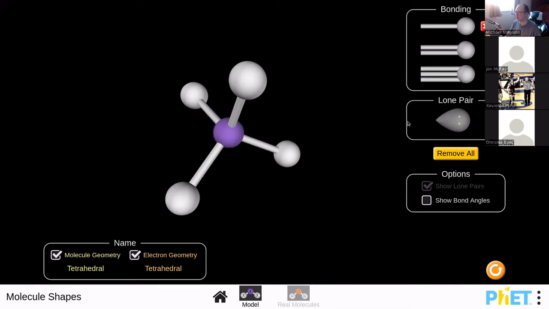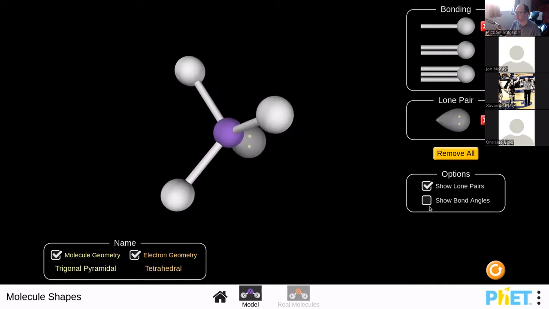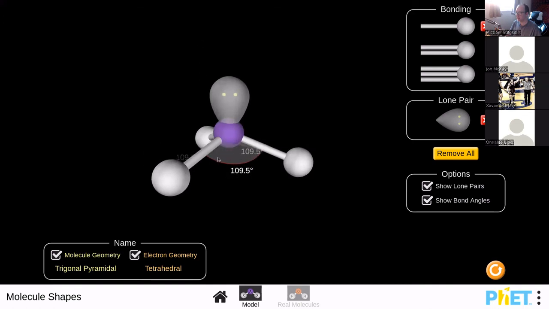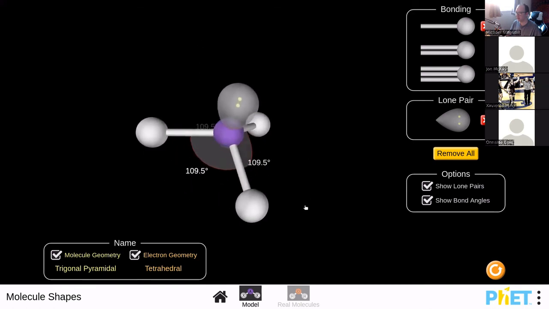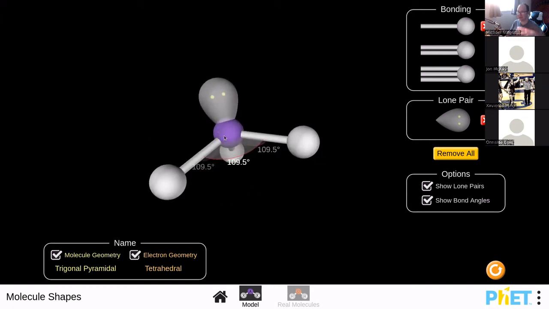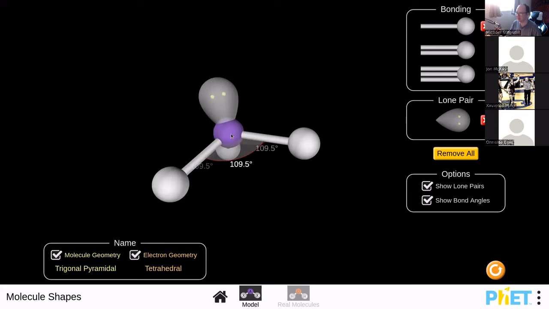Whereas in the case we were just looking at, they wind up being about 109 degrees apart, but it's not showing me. They'll be slightly pushed down a little bit in that case, because what they say in the VSEPR model is that the lone pair occupies more space, even though that's kind of a misnomer, and it's going to push these down a little bit.